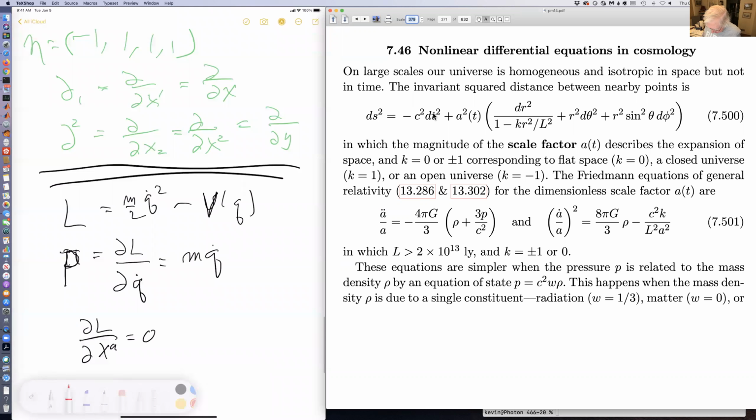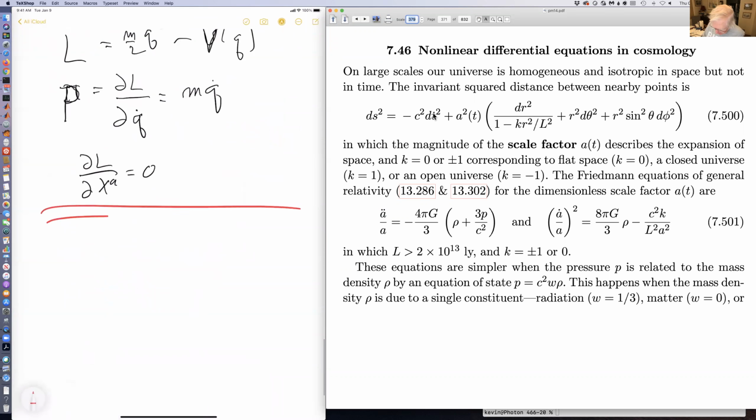So here, this ds squared is g_ik dx^i dx^k, and so this is g_00 dx^0 squared plus g_ij dx^i dx^j.